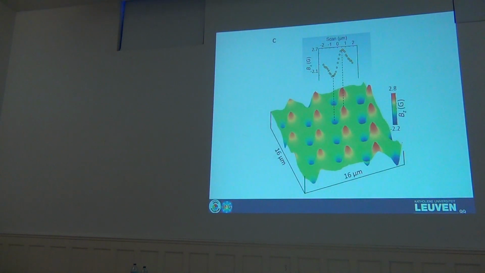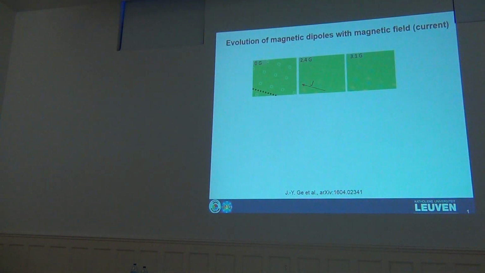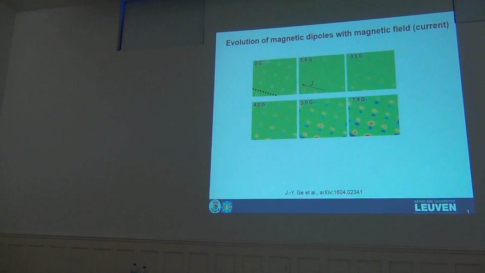So if I make a zoom, then of course I can calculate the fields carried by these vortices and antivortices. And then I can calculate vorticity, and I can also visualize the penetration of these vortices and antivortices into a superconductor as we increase the magnetic field.